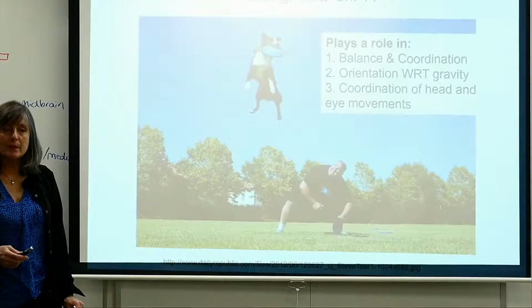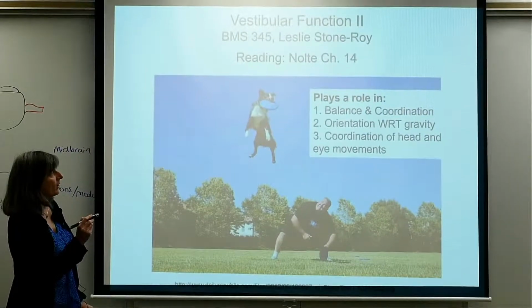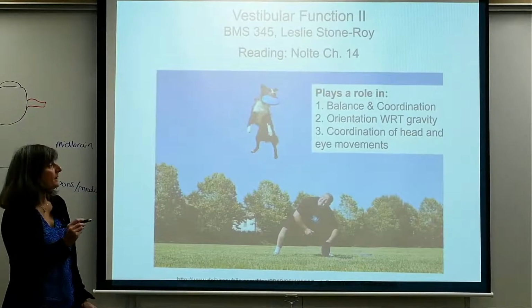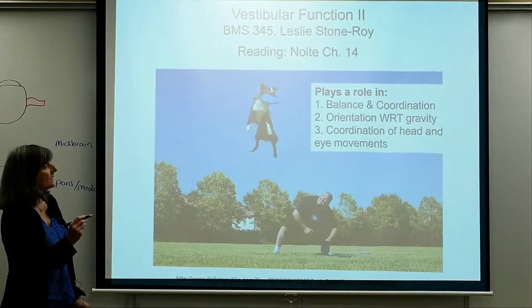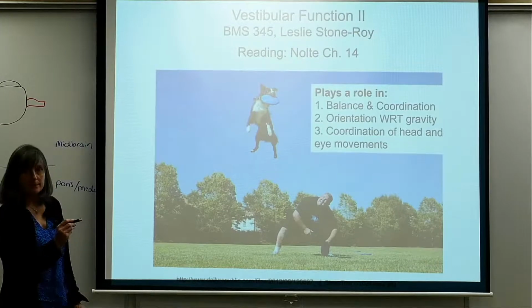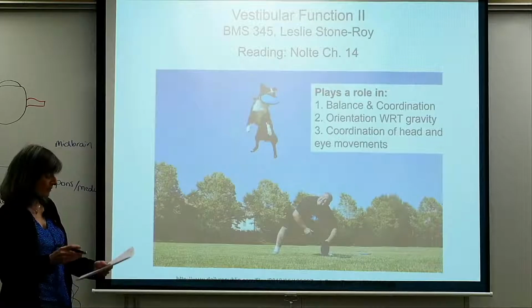If you remember, I told you in the previous lecture that the vestibular system plays a role in a couple of different things. It plays a key role in balance and coordination, orientation with respect to gravity, particularly of our head, and the coordination of head and eye movements.